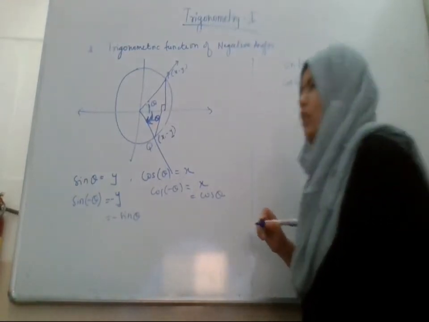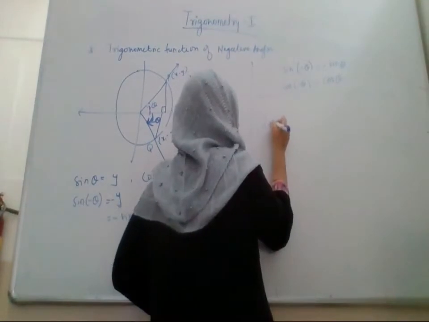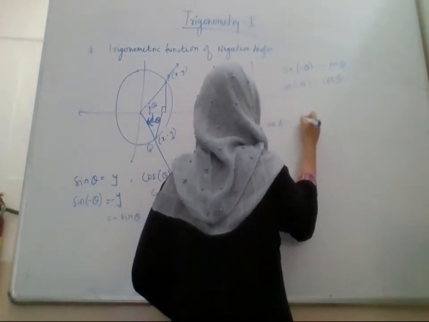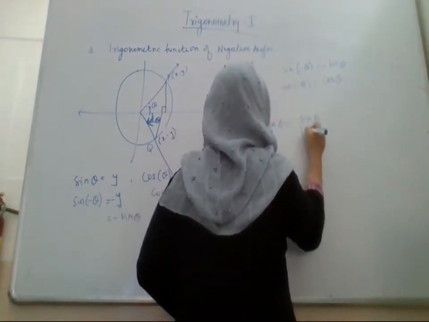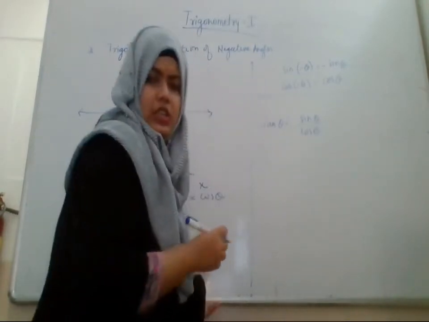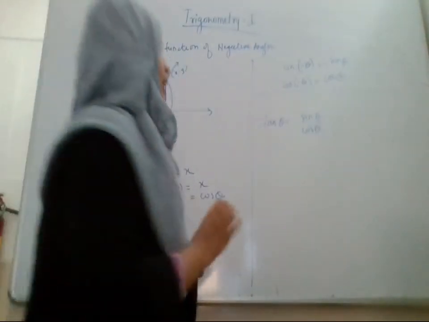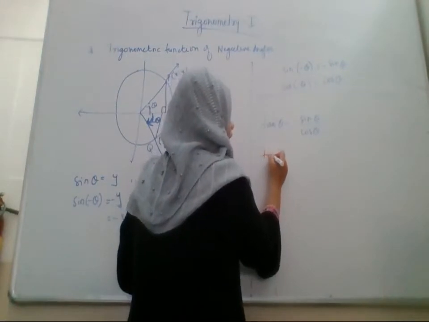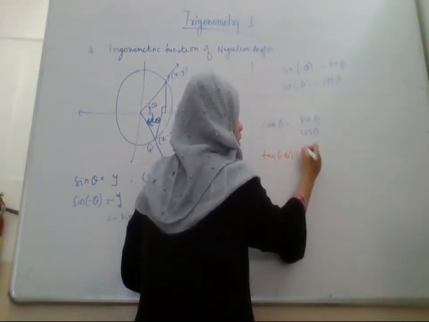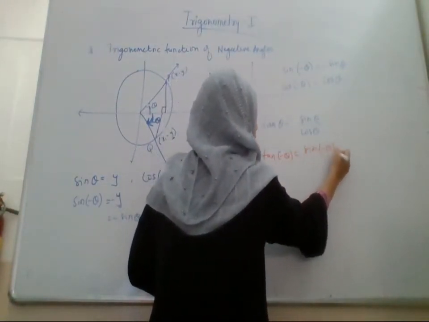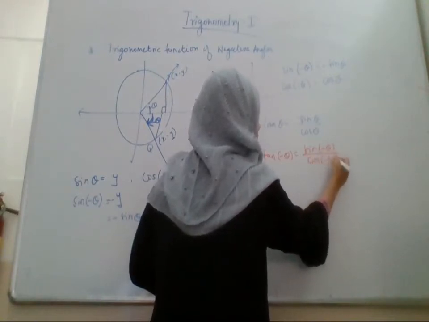Now we will find it for tan. What is tan theta? It is sin theta upon cos theta. If I take minus theta instead of theta, this will be sin minus theta divided by cos minus theta.